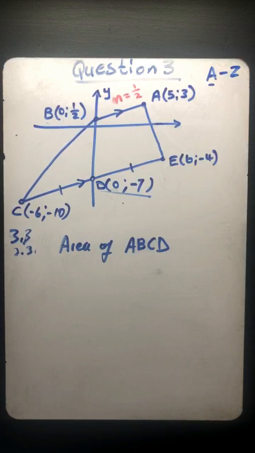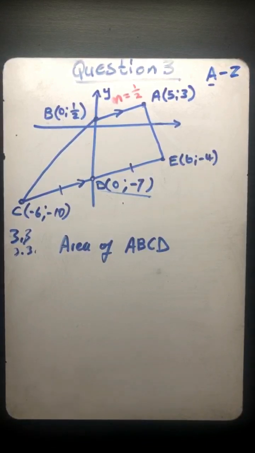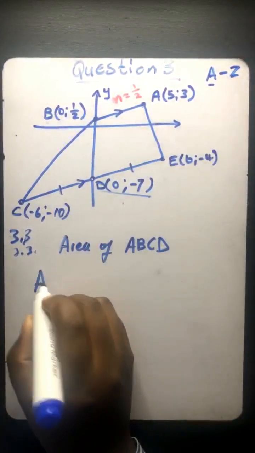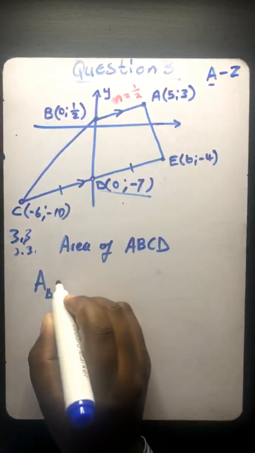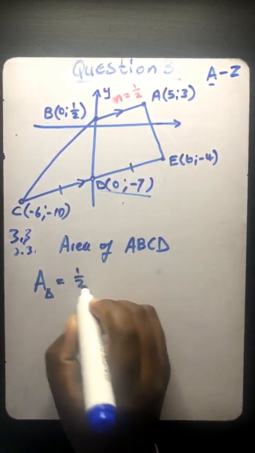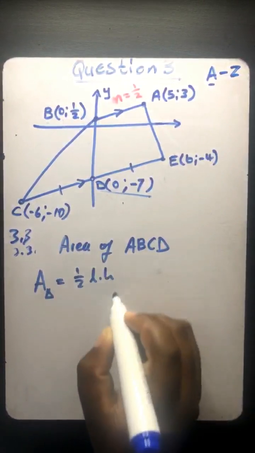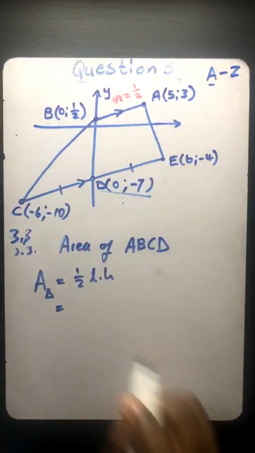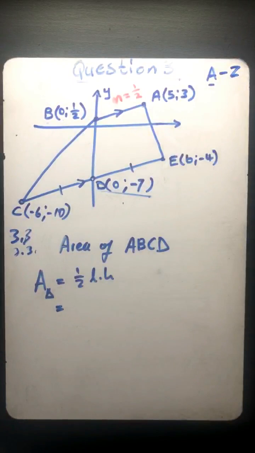So I think you first find the area of the triangle. Obviously, the area of a triangle will be equal to half, let's say, length times height, or the breadth, or whatever.